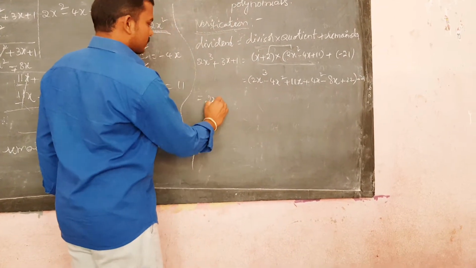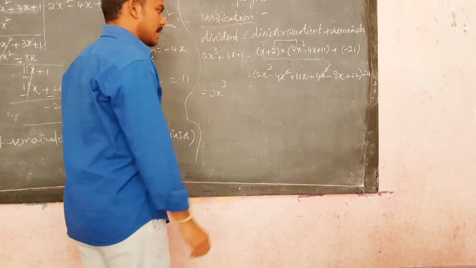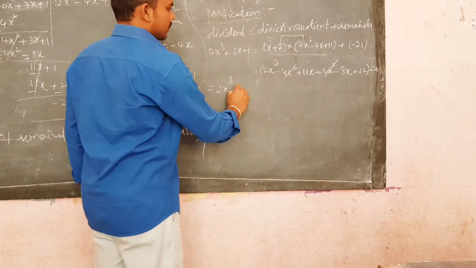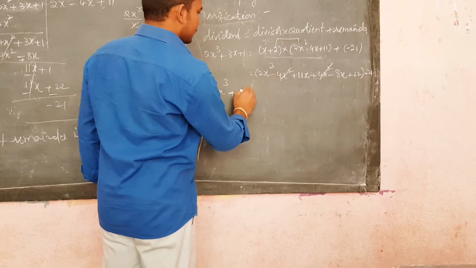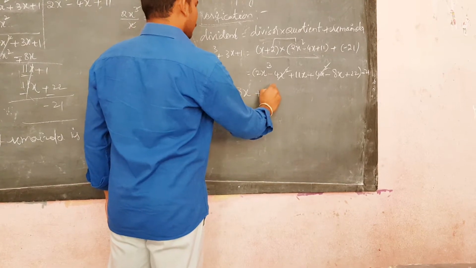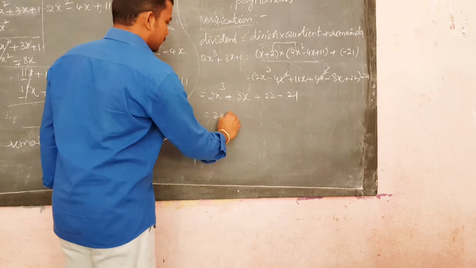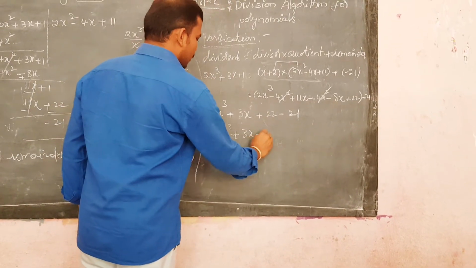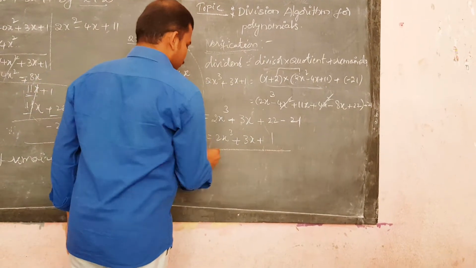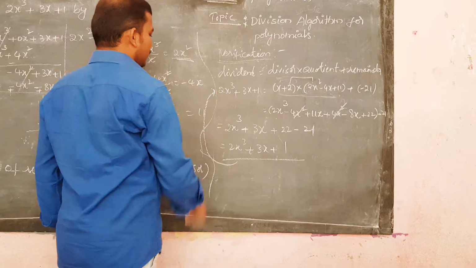So minus 4x square plus 4x square get cancelled, 11x minus 8x is 3x, plus 22 minus 21 is plus 1. So 2x cube plus 3x plus 1 is equal to the dividend.